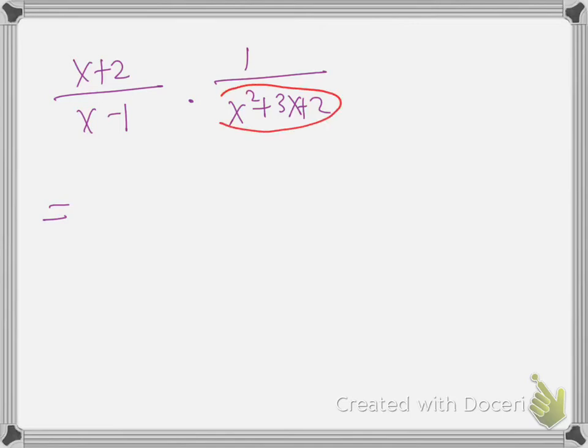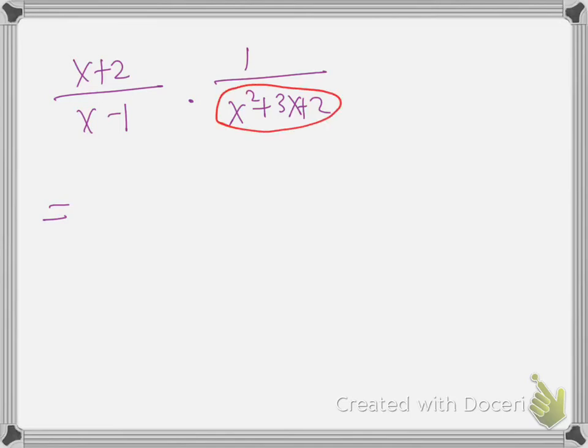(x plus 2) over (x minus 1) times 1 over (x squared plus 3x plus 2). This degree 2 term is the only term that we have to factor.